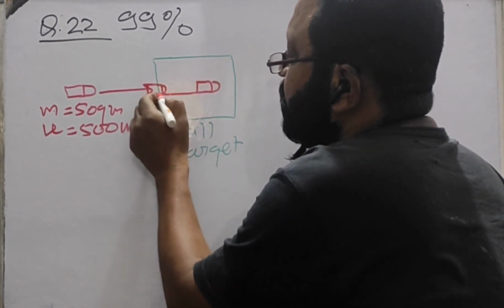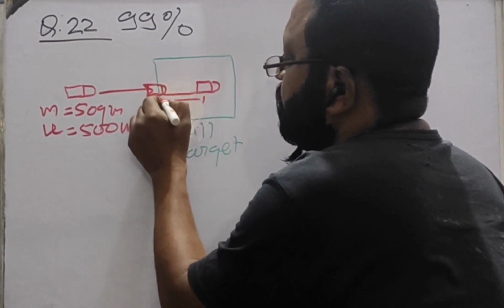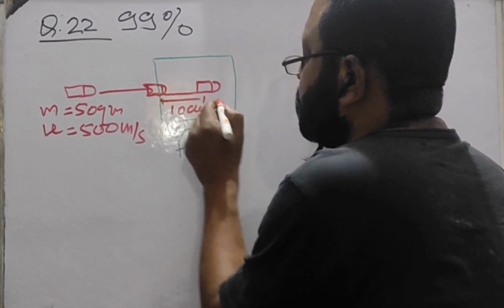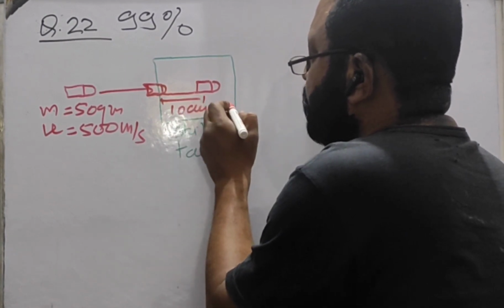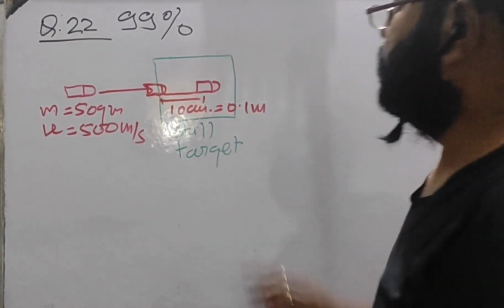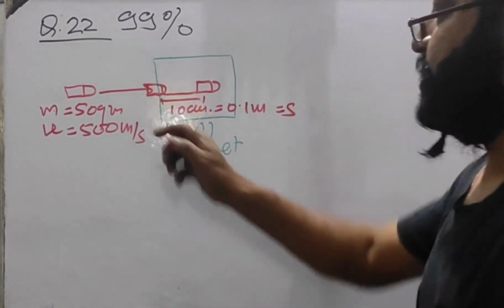It travels a distance of 10 centimeter. It means 10 upon 100, which is 0.1 meter. Displacement is 0.1 meter.